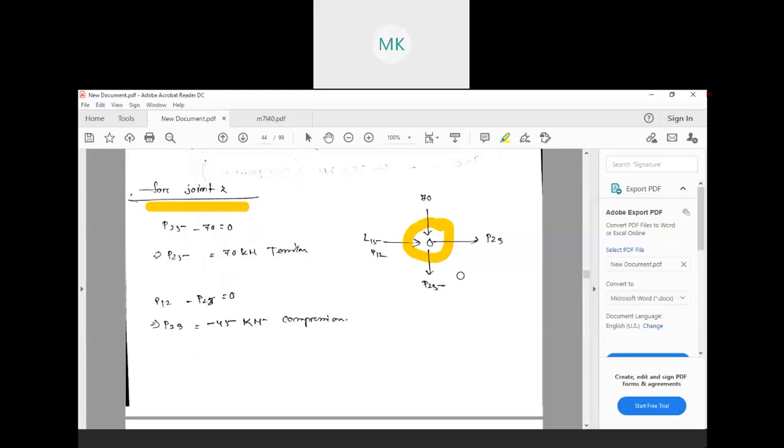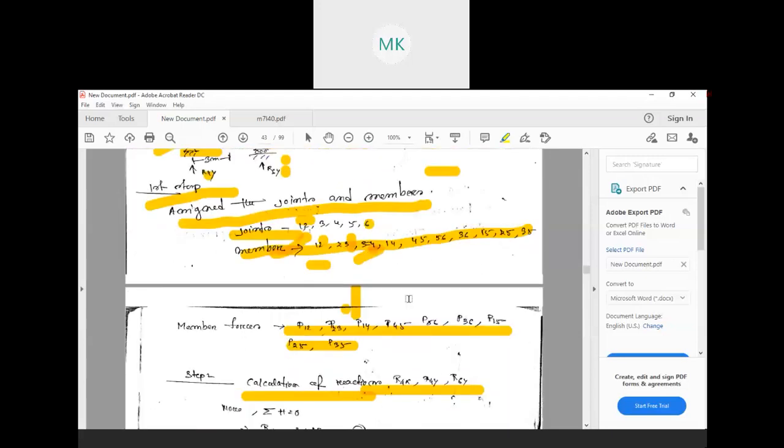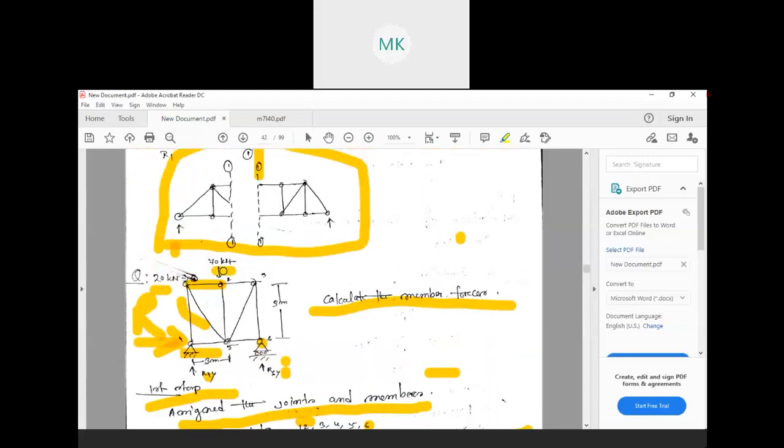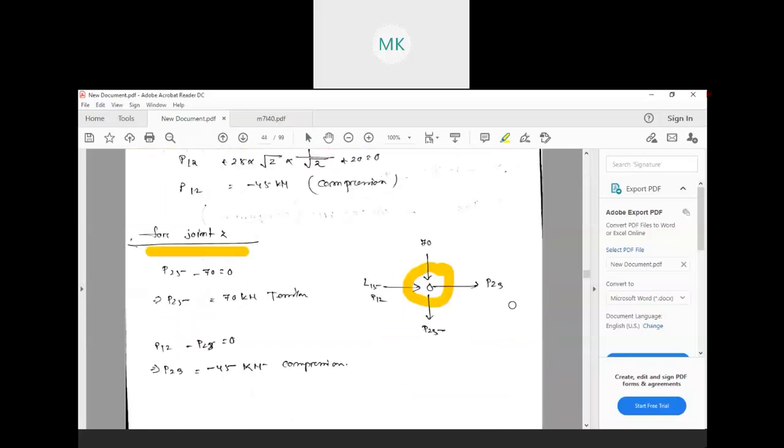If you consider joint 2, as you can see here, there are 4 members connected in that joint. One is coming from above, 2 from the right and left, and one is going below. So again, by solving the horizontal and vertical way, just resolve the forces.